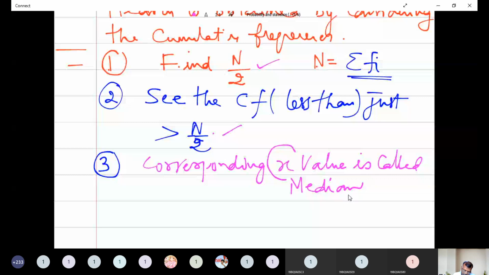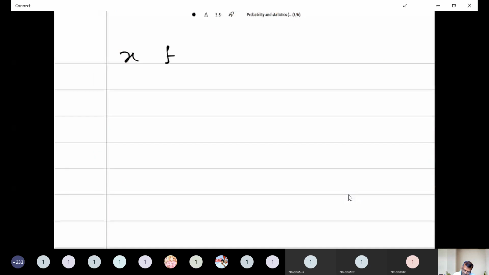Now the class interval or x values and corresponding frequencies are like this. Write down the values 1, 2, 3, 4, 5, 6, 7, 8 and 9.